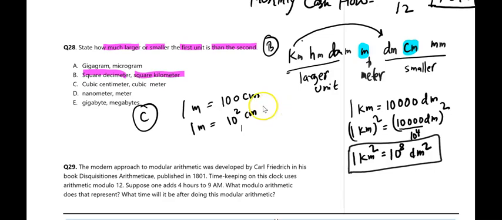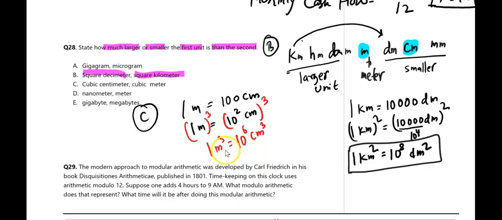But I want to see cubic centimeter, so I cube both sides because this is cubic. So 1 meter cubed, meter to the power 3, equals 10 to the power 2 cubed, which is 10 to the power 6 centimeter cubed. Again, centimeter cubed here because you are cubing centimeter too.